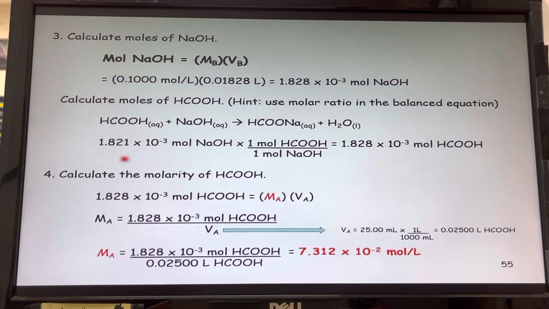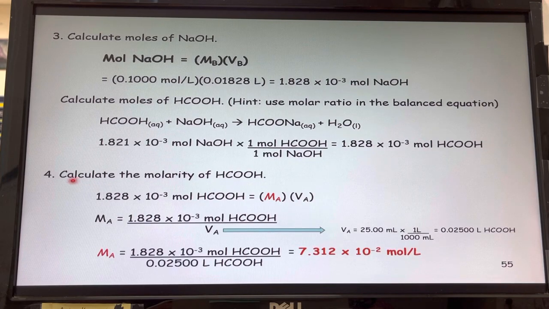And of course your textbook. So we take the moles of sodium hydroxide, we multiply that, and it's a 1-to-1 ratio, so it's pretty straightforward, but you wouldn't know that if you were just guessing, so you had to have the balanced chemical equation. And so we know the moles of sodium hydroxide cancel out, leaving us with the moles of the methanoic acid, and now we've got the moles of that.